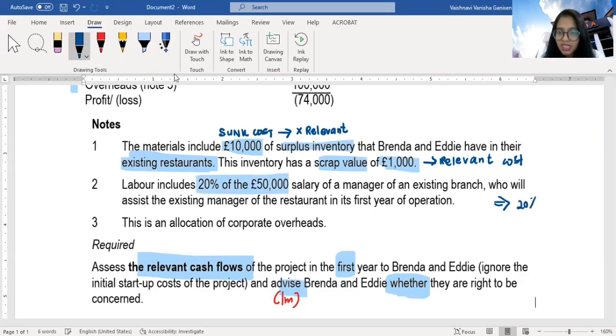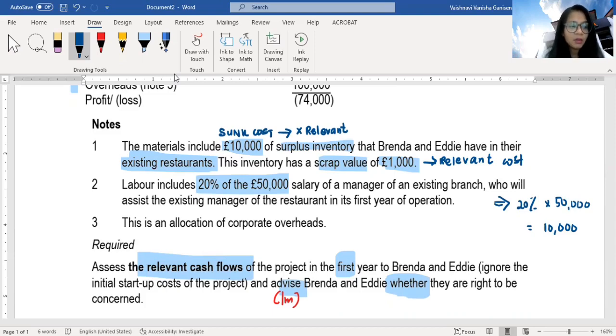So 20% multiplied by 50,000 is 10,000. This 10,000 has been included. Now, my question to you is whether or not this is relevant.